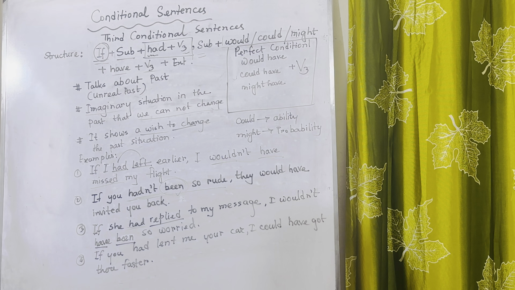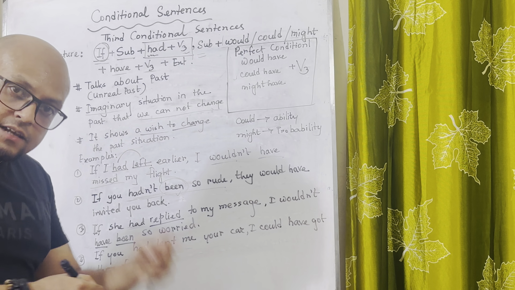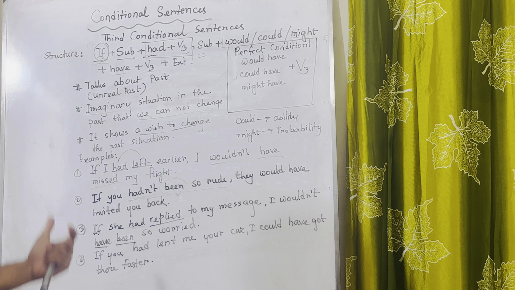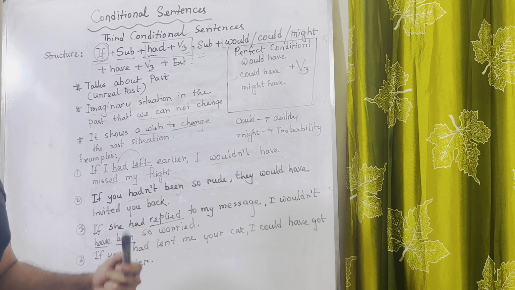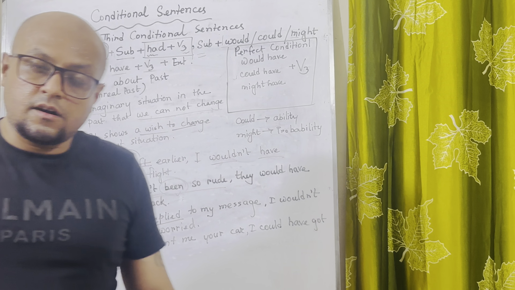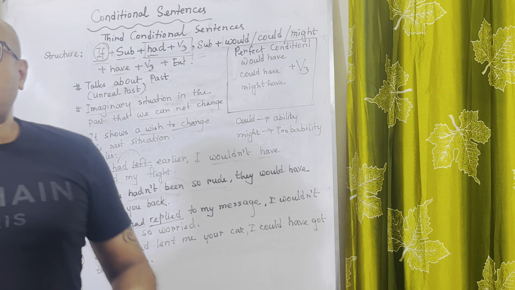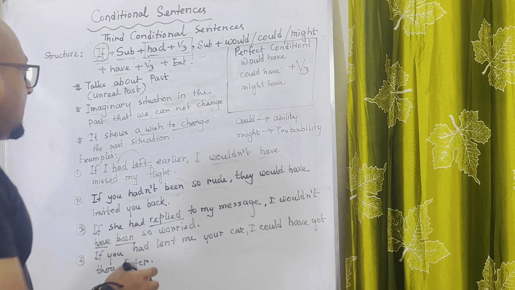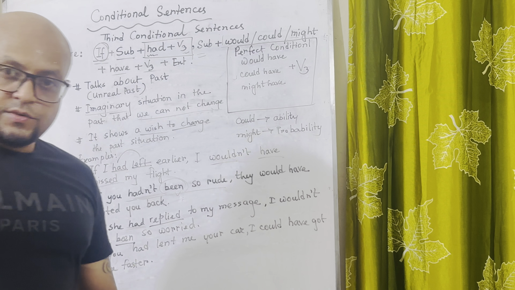And the final example, if you had lent me your car, I could have got there faster. But unfortunately, he did not lend me his car and I could not get there faster. So I'm expressing an imaginary situation, or I wish I could change the situation.